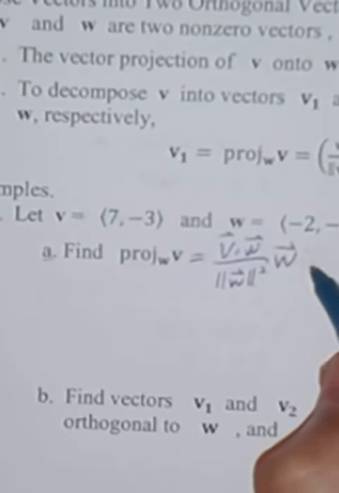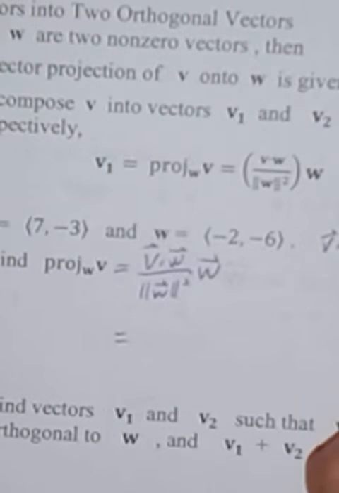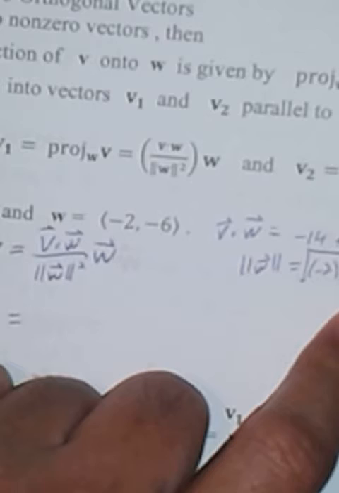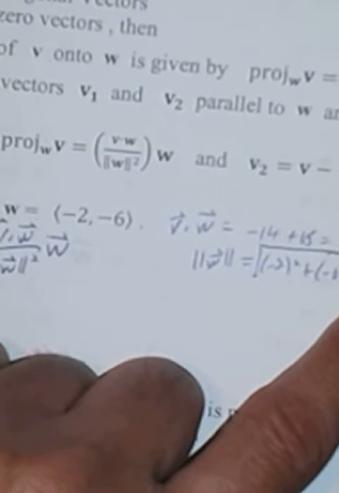So let's write the magnitude of W also. The magnitude of W is the square root of negative 2 squared plus negative 6 squared. That's the square root of 40, and that'll be 2 square root of 10.